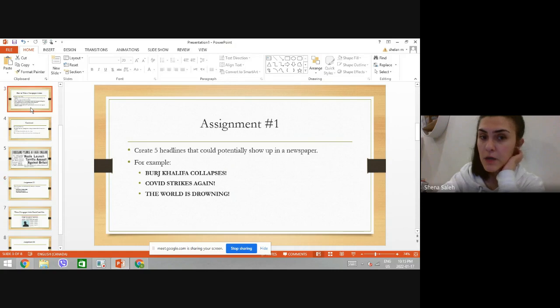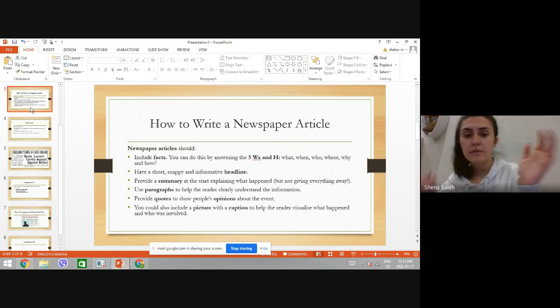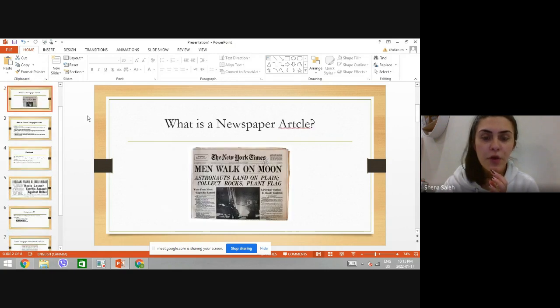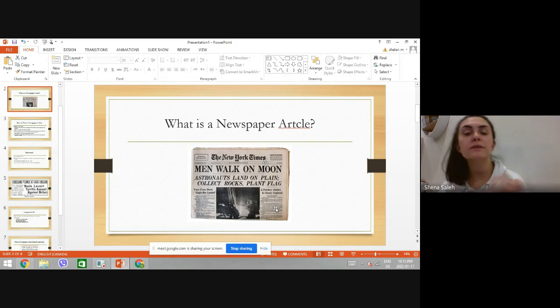All right? So after headlines, we're going to look at newspaper articles. I don't know if we have seen them before, like we saw here. If you can tell right here, they're all in very small and short paragraphs. Some parts might be a little bit longer, but in general they're very short paragraphs.